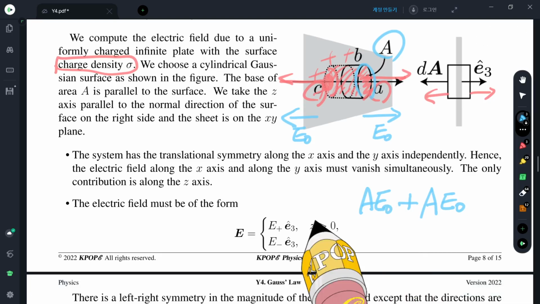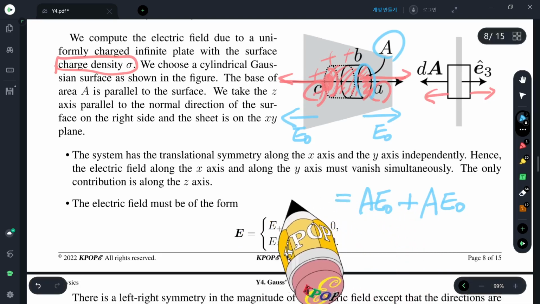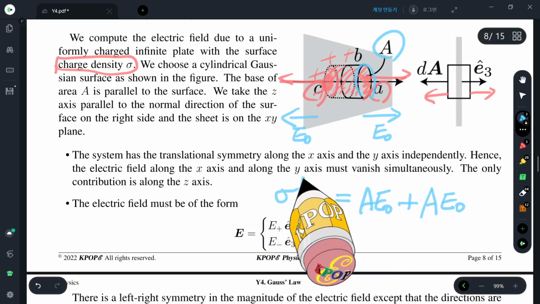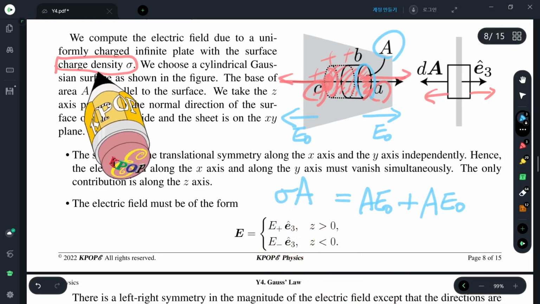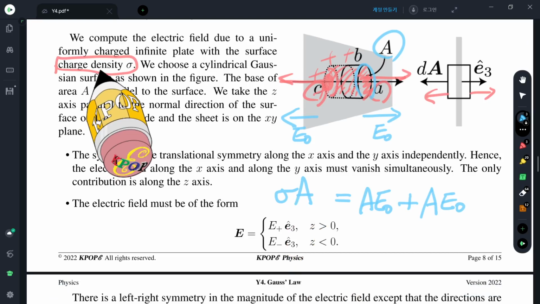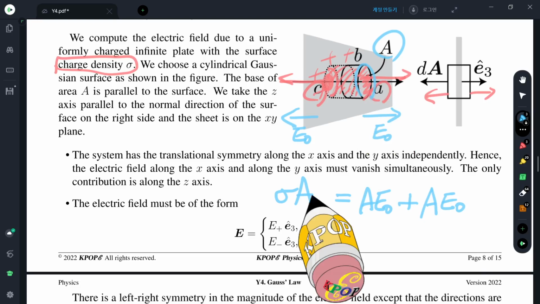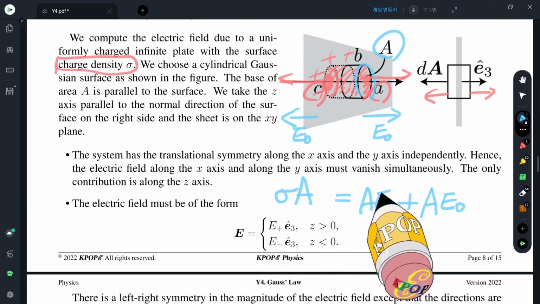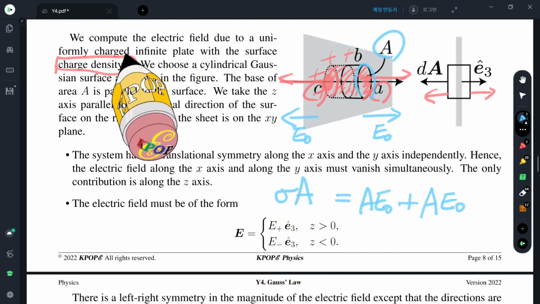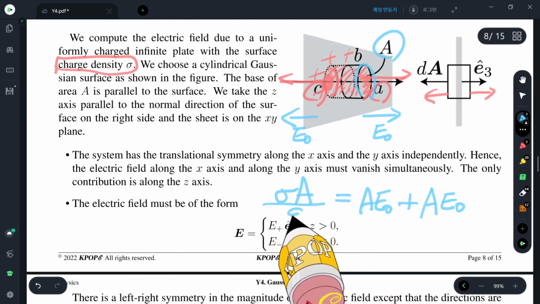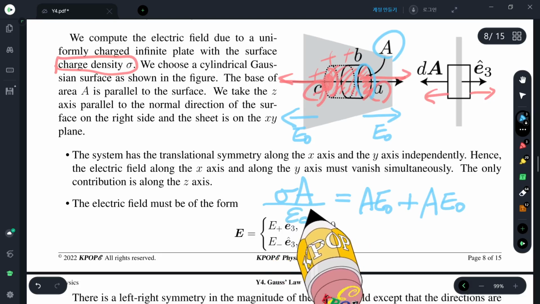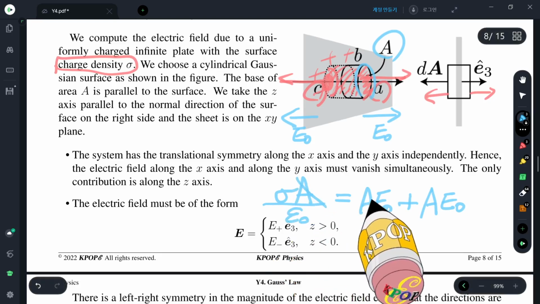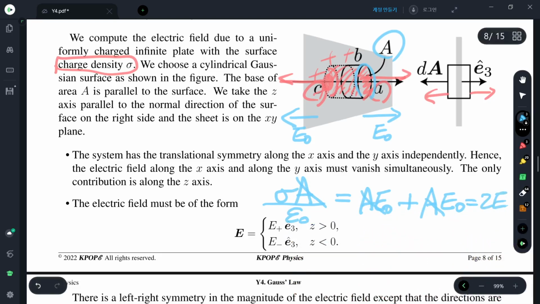And what is the amount of charge? This charge is sigma times A, because sigma is the charge density per unit area, and A is the area. And for the flux, because of Gauss law, the net charge must be divided by epsilon zero. A cancels, and we have 2E0.